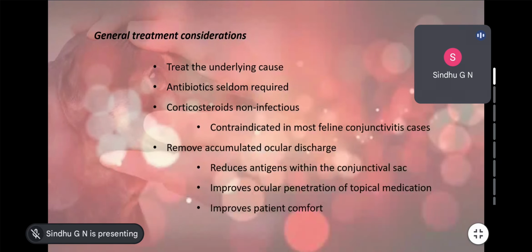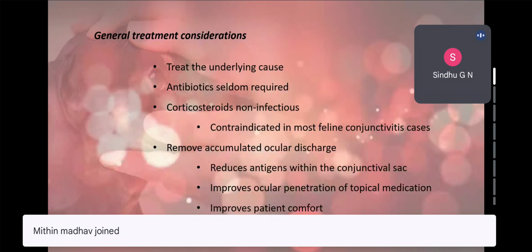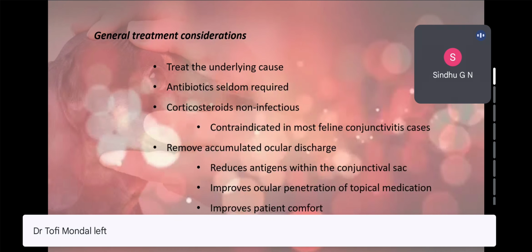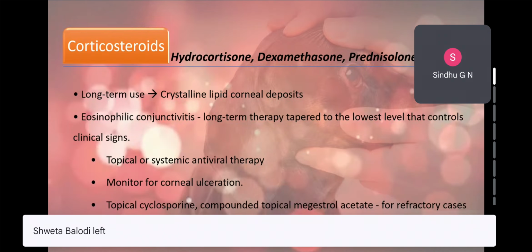Corticosteroids can be used in non-infectious conjunctivitis, but they are contraindicated in most feline conjunctivitis cases because it is infectious. Then remove the accumulated ocular discharge because that will reduce the antigens within the conjunctival sac and will improve ocular penetration of the medicines which we apply. And obviously, it will improve the patient's comfort.